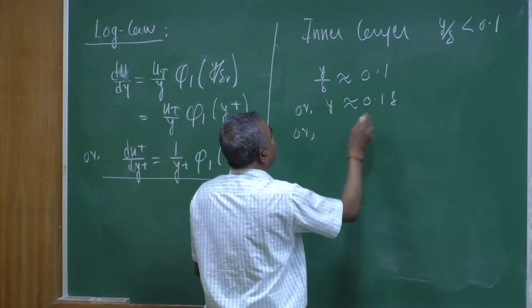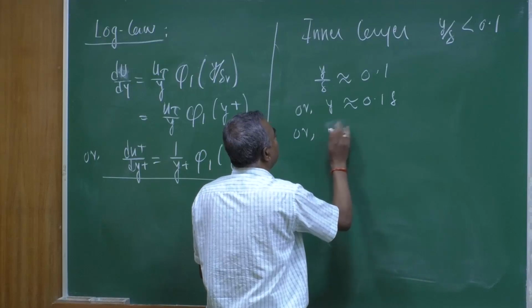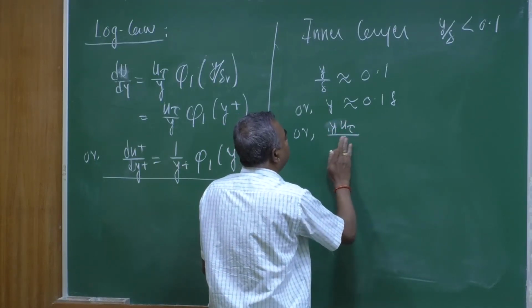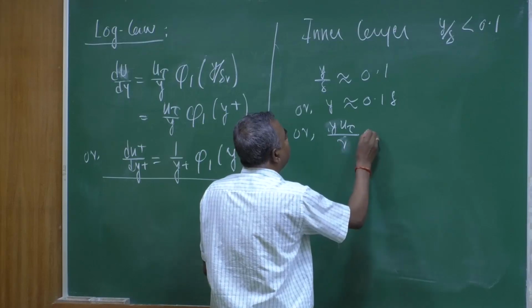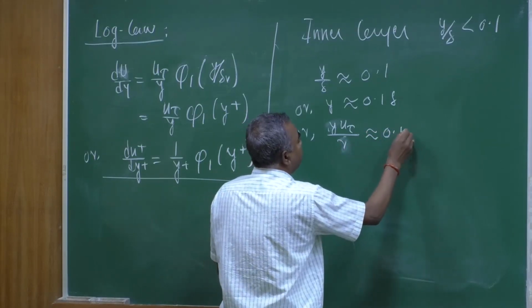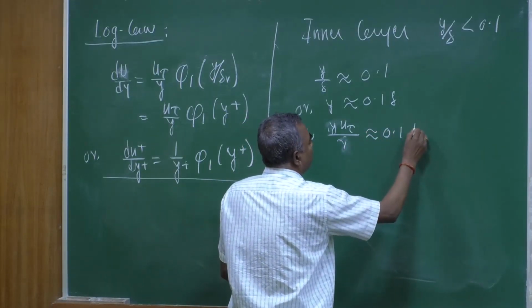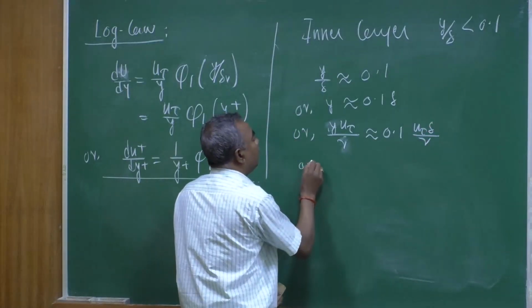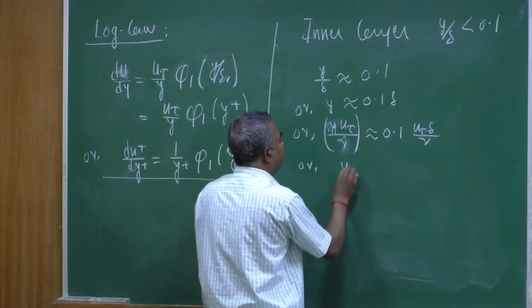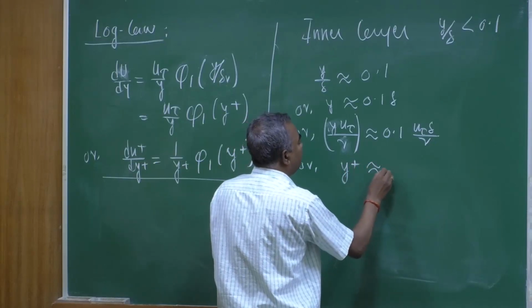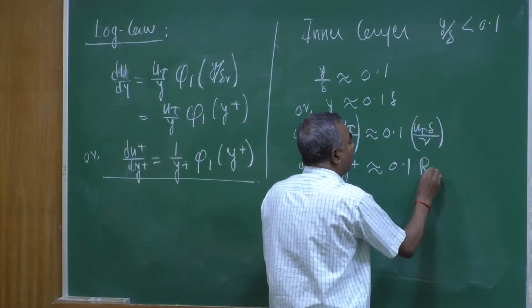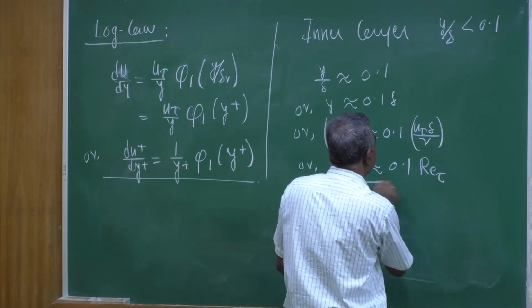Multiplying both sides by u tau by nu, we get y u tau by nu, that is y plus, equals 0.1 u tau delta by nu, and this quantity we defined as Re tau. This is what we got.